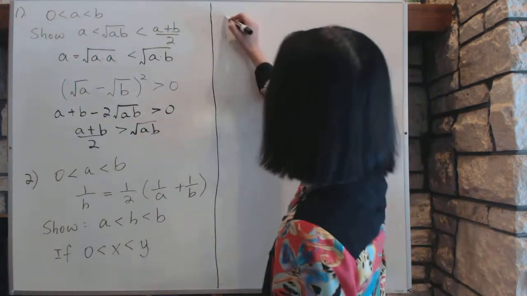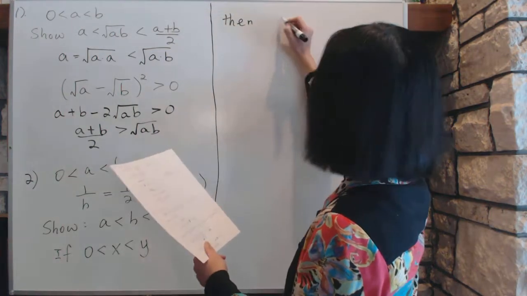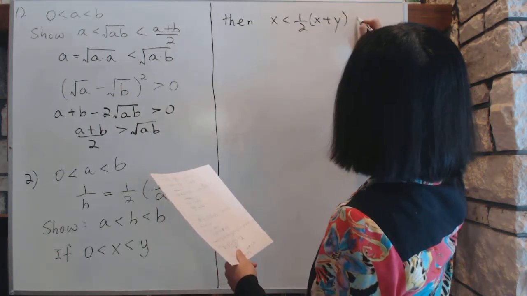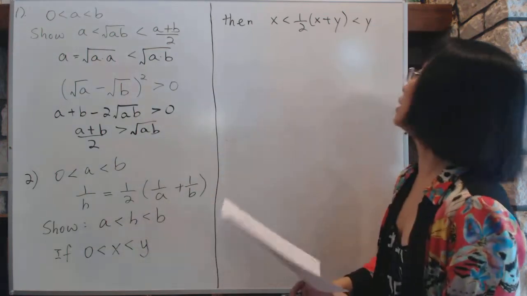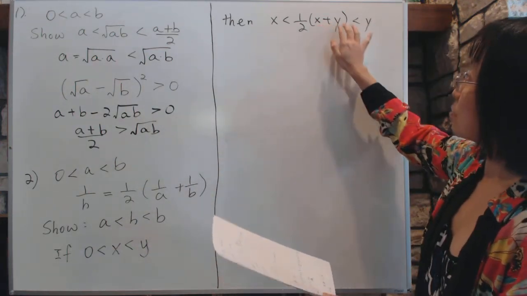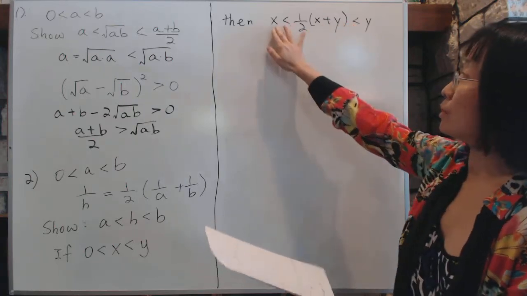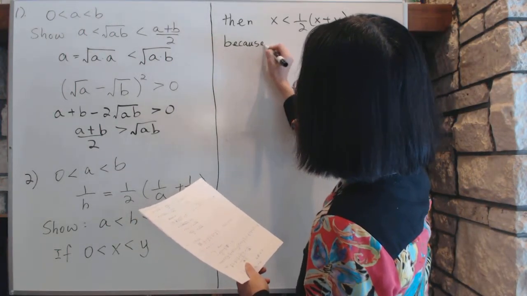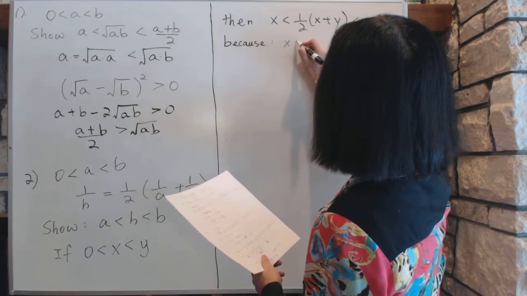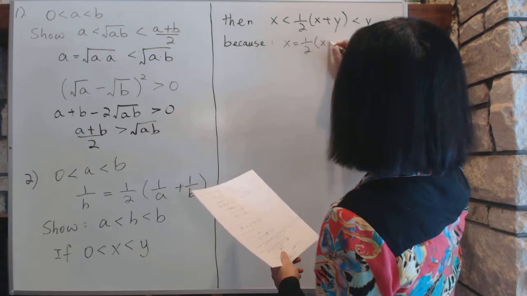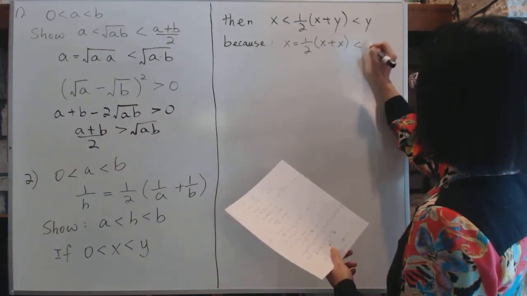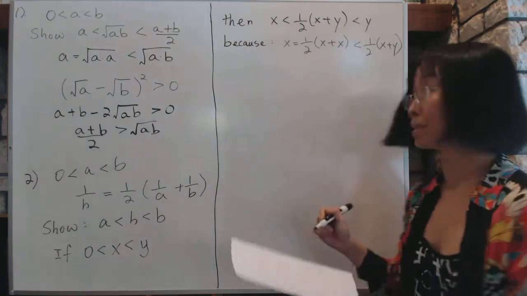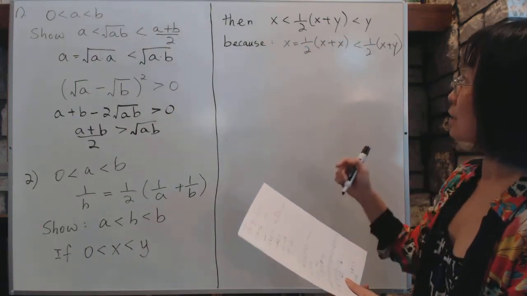Then it's true that X is less than the average of X plus Y, which is less than just Y. The reason is because if you average X with a number bigger than itself, then it clearly will be bigger than X. To explain it, you can see, for example, X is equal to 1/2 of (X plus X), which is going to be less than 1/2 of (X plus Y), because Y is bigger than X. And the Y part is the same thing. In any case, this inequality stands, and that's what we're going to do.